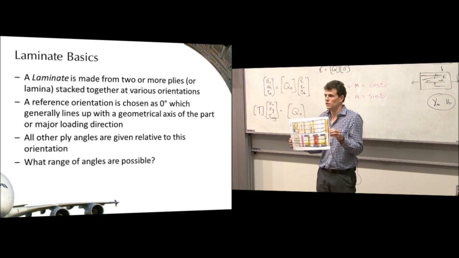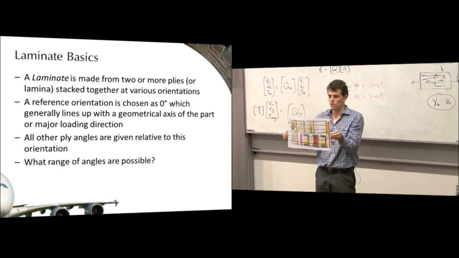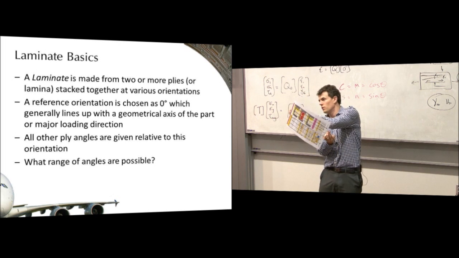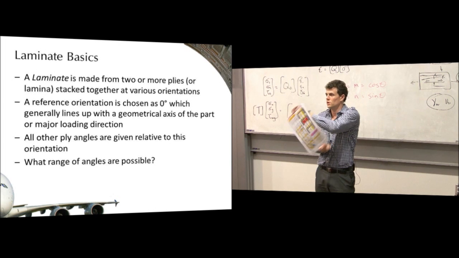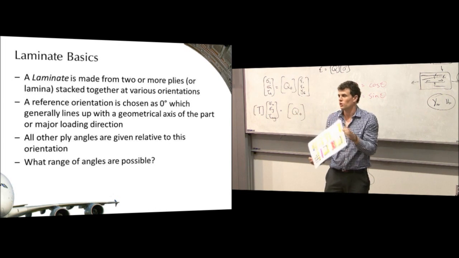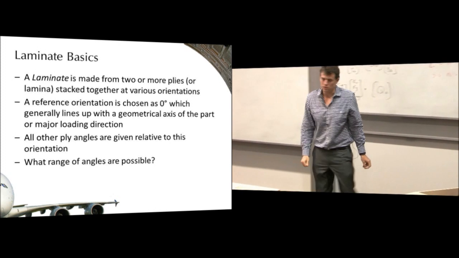So you don't need the other angles because if I was to say 0, 45, 90, if I went round to 135, I'm back to a minus 45 again. So it doesn't matter whether I'm that way or whether I'm that way, it's the same thing. So I only need from 90 to minus 90.